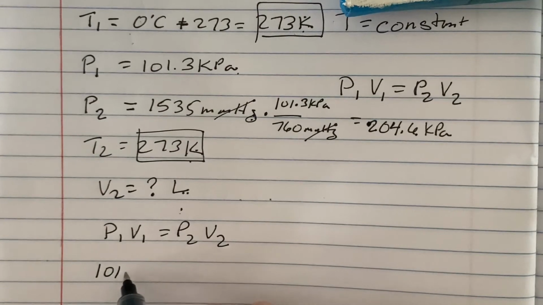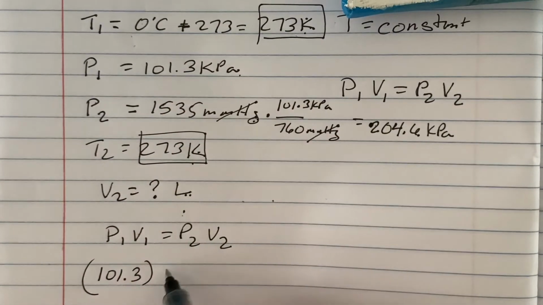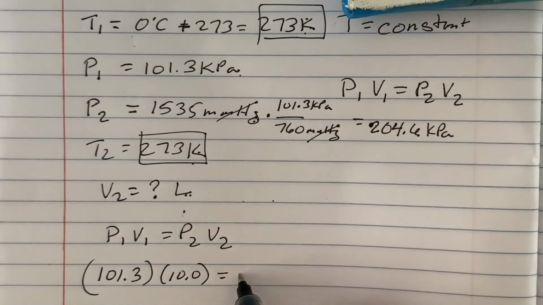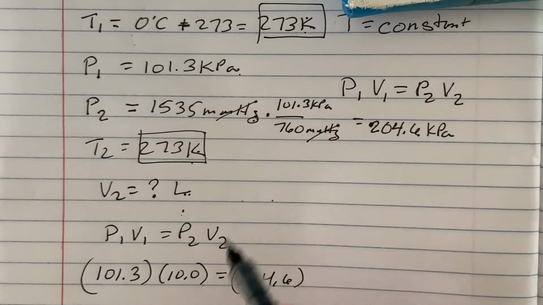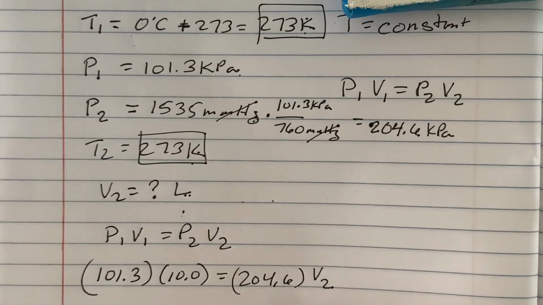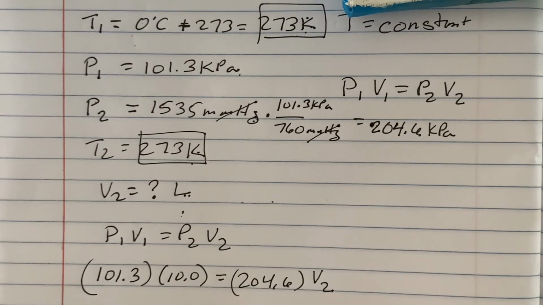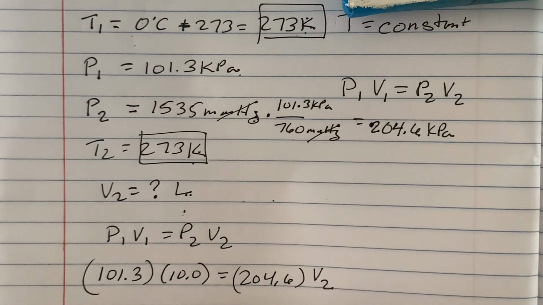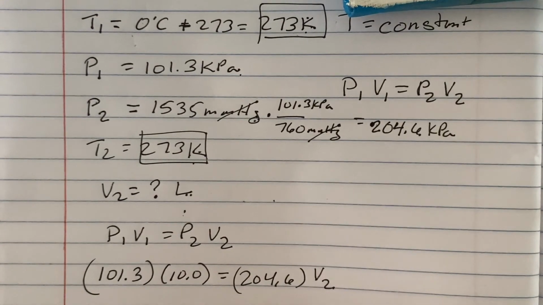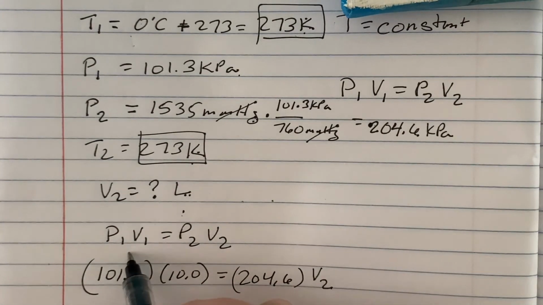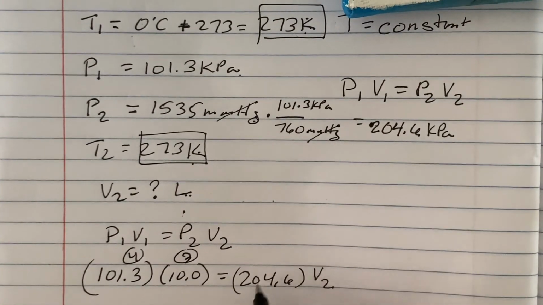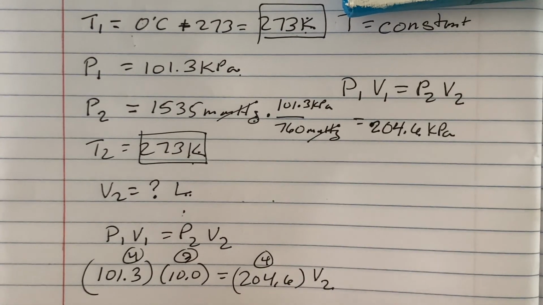P1, 101.3, V1, 10.0, P2, 204.6, and V2, that's what we're solving for. 101.3 times 10 divided by 204.6 gives me 4.95 liters because my volume's in liters. 4 sig figs, 3 sig figs, 4 sig figs, so my answer is going to be in 3 sig figs.